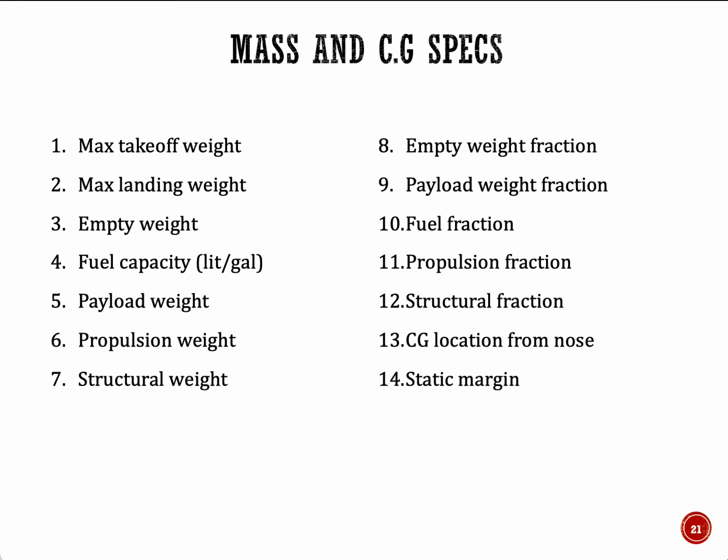Moving on to mass and CG specs. Well, you look at the max takeoff weight, landing weight, empty weight, fuel capacity, payload weight, propulsion weight, structural weight, and you will basically mention all of this in terms of fractions.